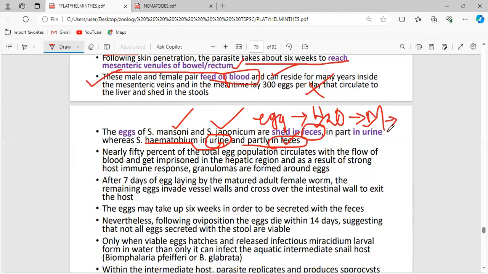This miracidium has cilia, and it is going to reach the snail. From there, the miracidium will be converted into the sporocyst. We have mother and daughter sporocysts, and the daughter sporocyst will be converted into the cercaria.